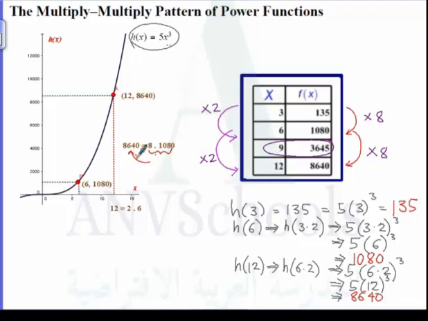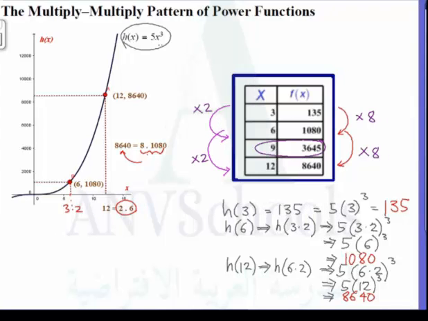And 12 is also, this is a noticeable fact, 2 times 6. And 6, which is not given, is actually 3 times 2.